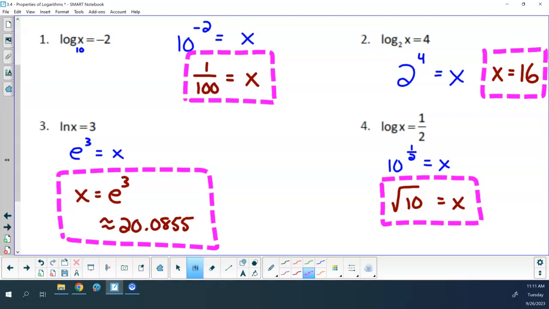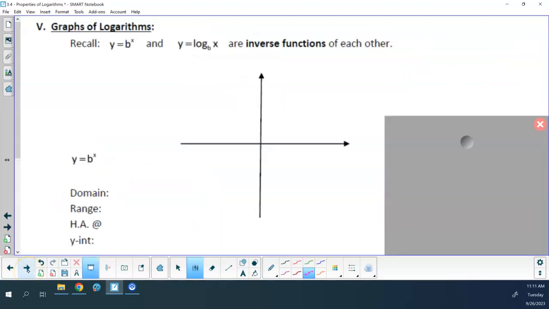Awesome sauce. Okay. So graphs of logarithmic functions. Remember, y equals b to the x power is an exponential function. So an exponential function I'll put here in purple. It would grow like that, right?